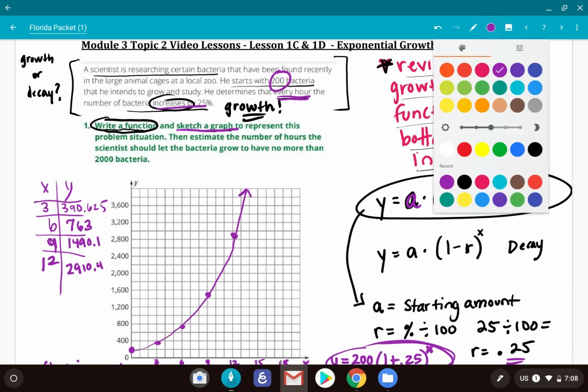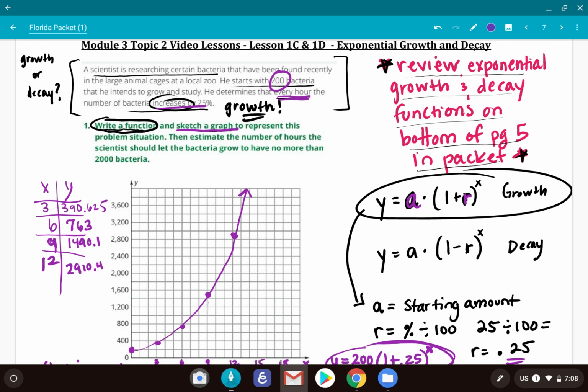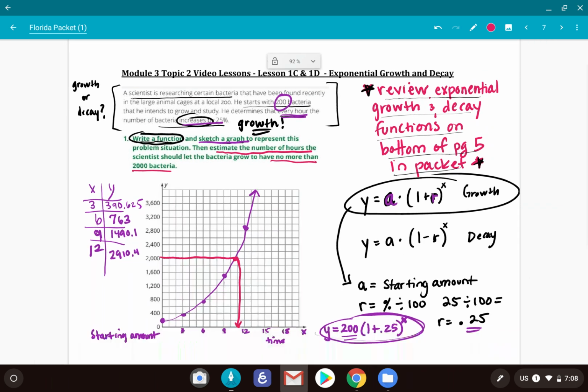The last thing you're supposed to do is estimate the number of hours he should let the bacteria grow if he wants it to have no more than 2,000 bacteria. So if we look at our graph, it reaches 2,000 at approximately 11, it looks like 11 hours.